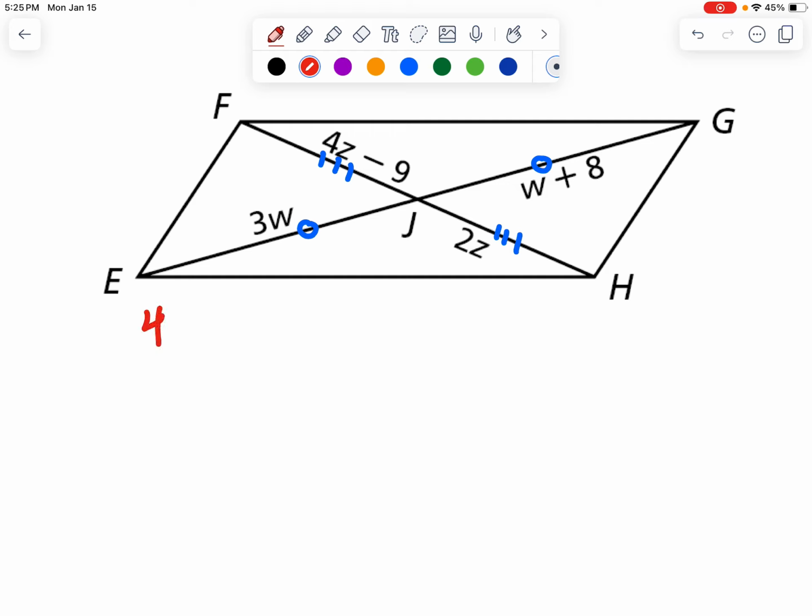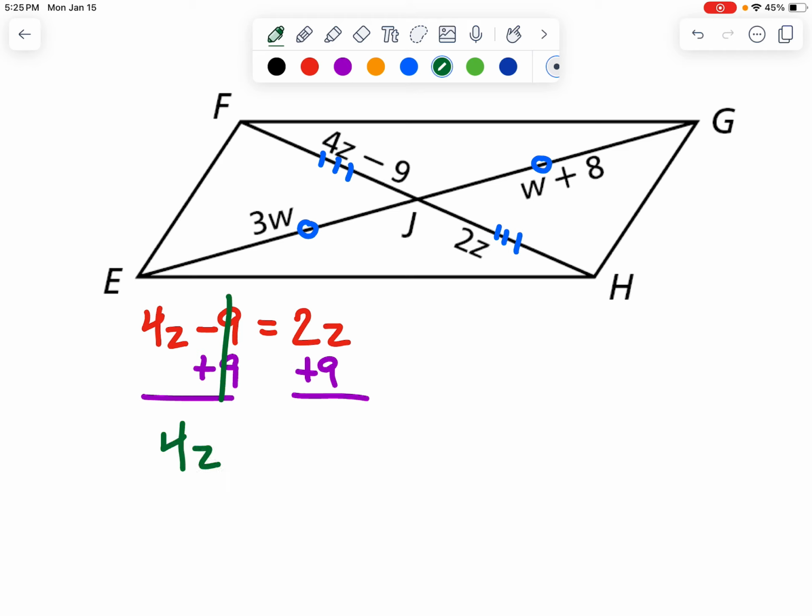So 4z minus 9 equals 2z. Let's add the 9 to both sides. And so 4z equals 2z plus 9. And so we will subtract the 9 on both sides.